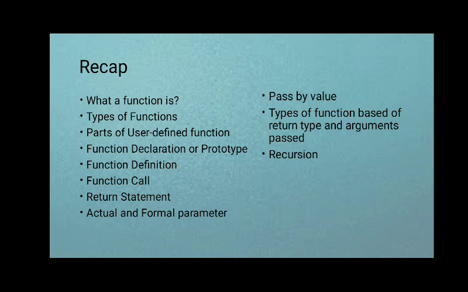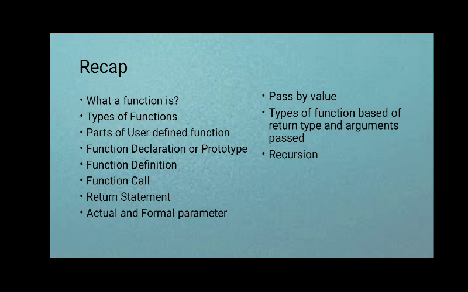Returning of this value is done by using the statement called return. The keyword return is used, and after that you give what value is to be returned. If you have a return statement in your program, then at the position at which the function is called, there should be a variable to receive the value that is returned from the function.